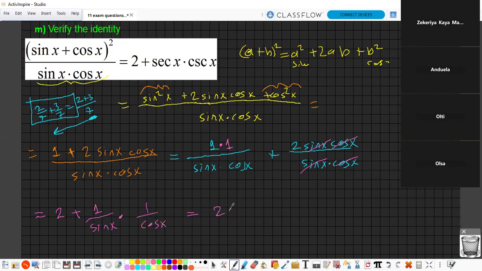So in the end we can write 2 in the beginning, then 1 over sine x is cosecant x, times 1 over cosine x is equal to secant x. As expected in here, just these two have been switched, that's not a big deal.